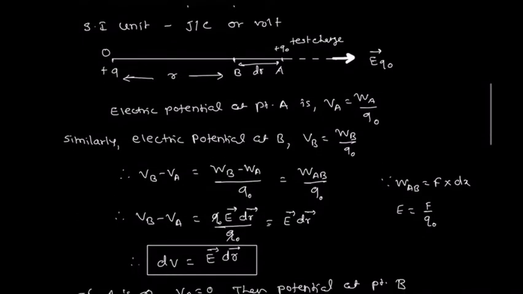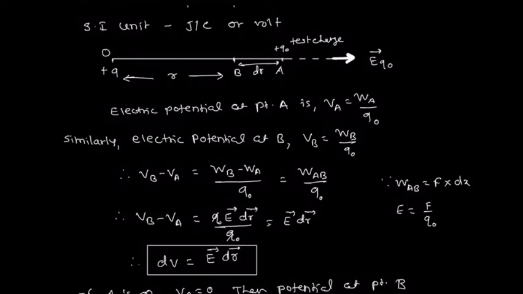In that case, suppose point A is at infinity. Then what is the potential at that point? The potential at infinity is always 0. Therefore, VA is equal to 0. Then the remaining term is only the potential at point P. In the earlier equation, VB minus VA is equal to E into dr. But here VA is at infinity, therefore potential at that point is 0.